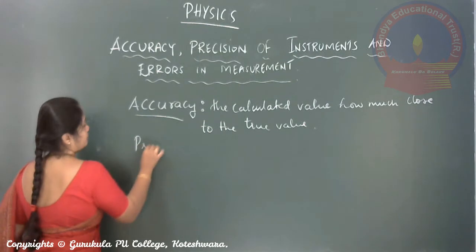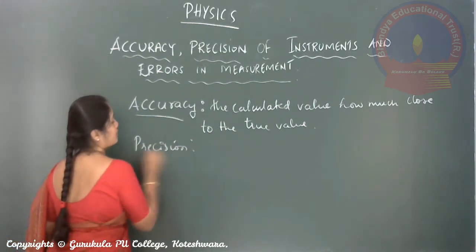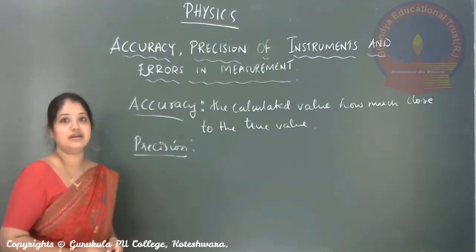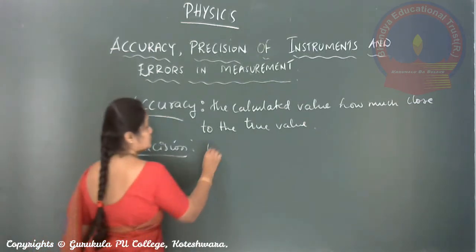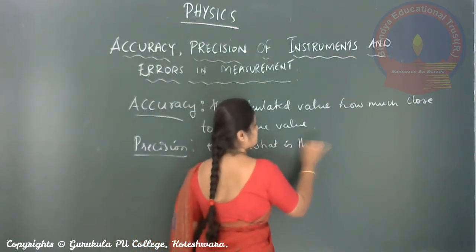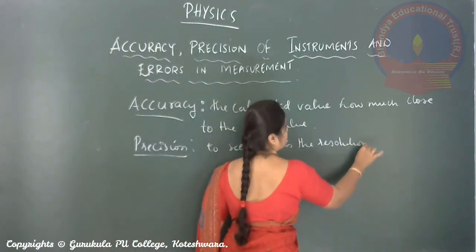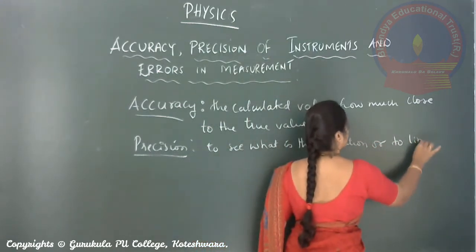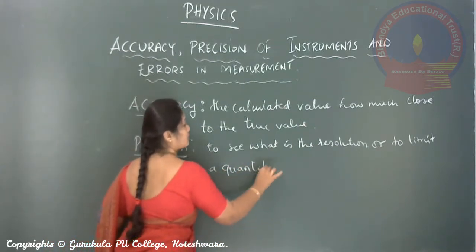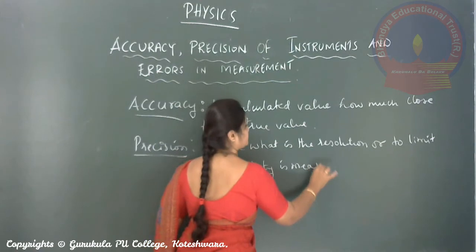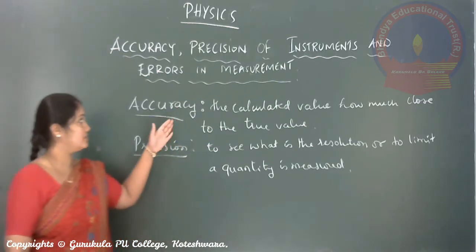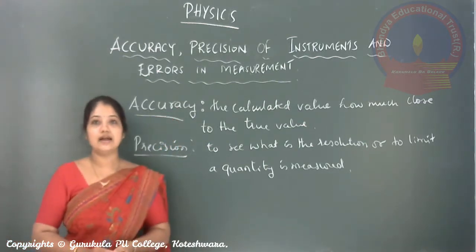And precision is also a measurement: it tells us the resolution, or the limit, to which a quantity is measured. So these are the differences between accuracy and precision.